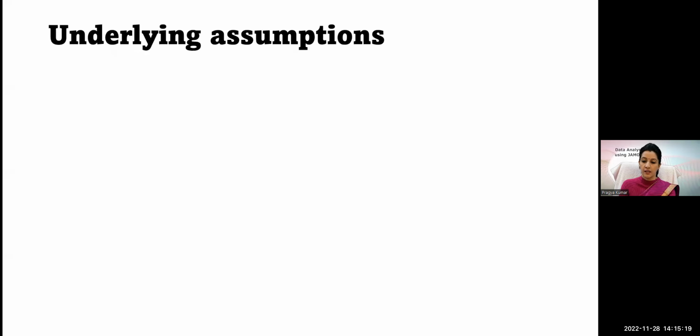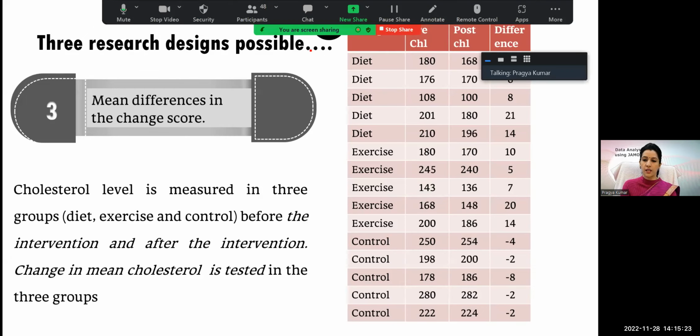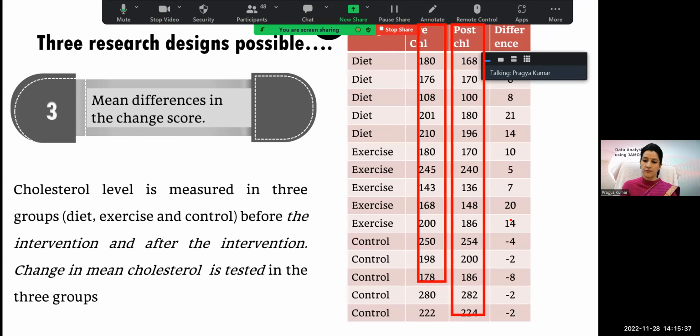So here, the first group is the diet group. You can see that we have got a pre-cholesterol level, like a pre-intervention level, that is the pre-cholesterol. And then we have got the post-intervention, that is the post-cholesterol. And this difference, we have got the difference in the pre and post.